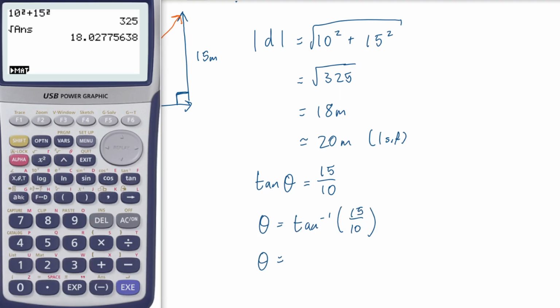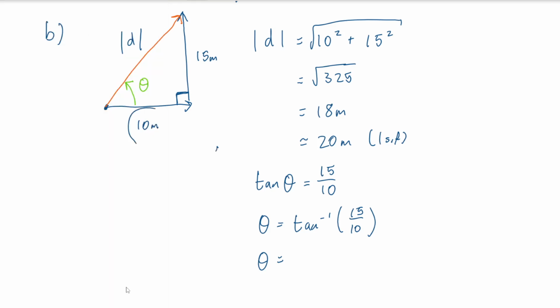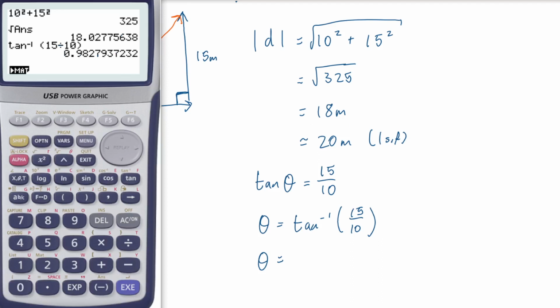And so let's do that. Shift tan brackets 15/10. Now, does that look reasonable? 0.98 degrees. No, right? It should be closer to 45 because these are similar lengths. So what happened? Yeah, you guessed it. We are in radians. Whenever you go into an exam, your calculator is reset.